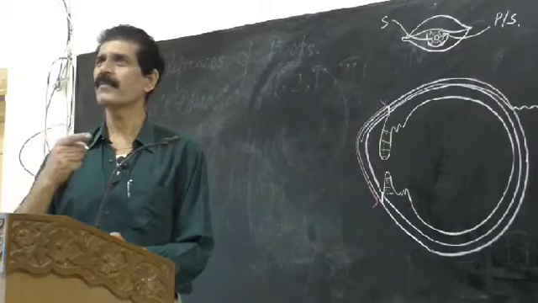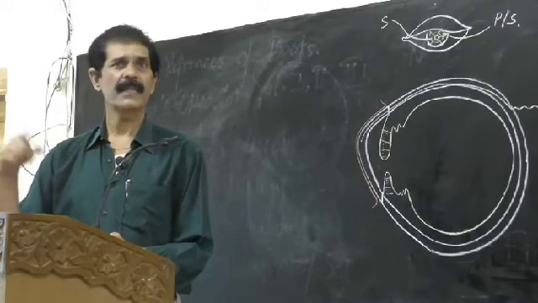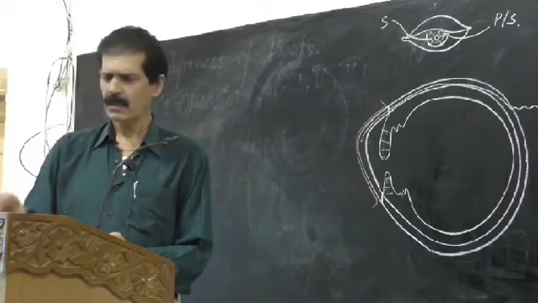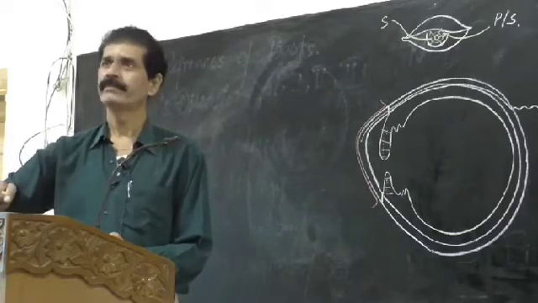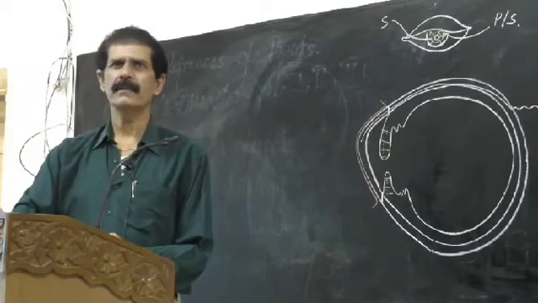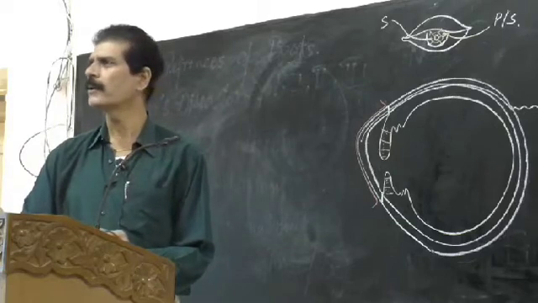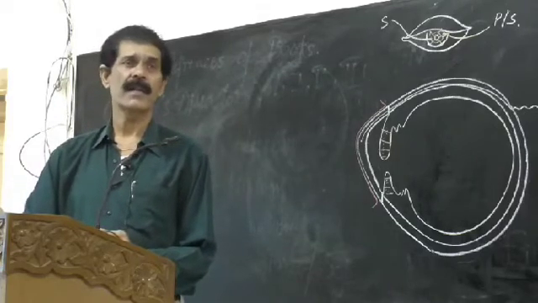Sympathetic nerves stimulate in the evening, and parasympathetic stimulate during daytime. In bright sunlight our pupils become small, so that only small amounts of light enter into the lens and it does not damage our retina.